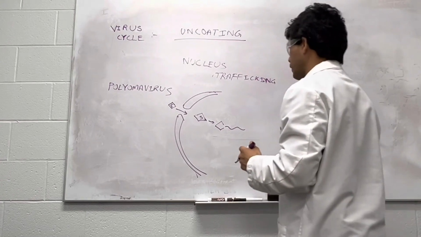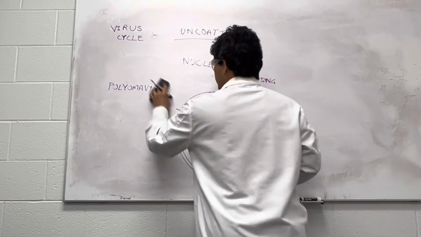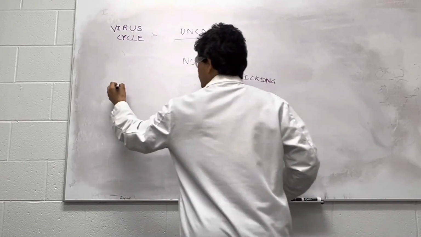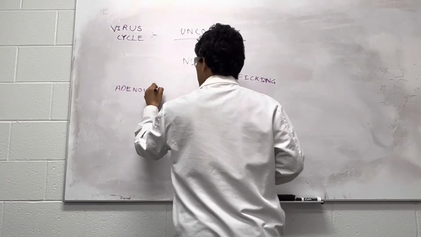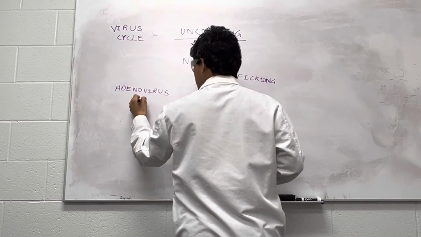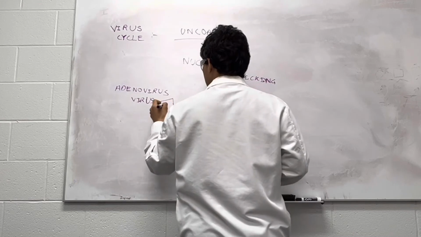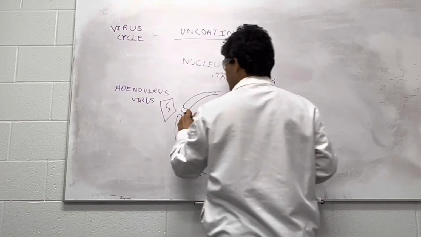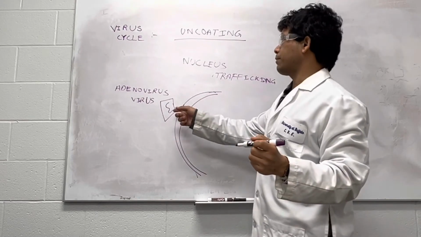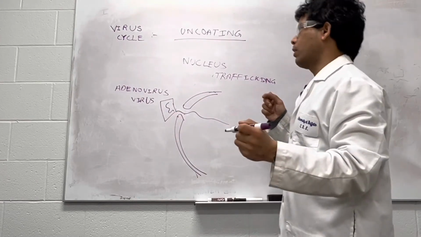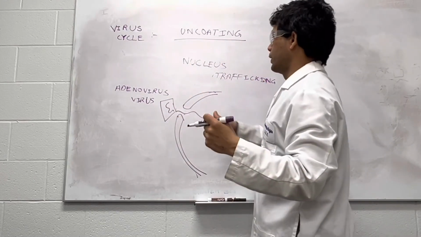But if the genetic information is big, such as in the case of adenovirus, the capsid cannot go through the pore because its size is bigger than the pore of the nucleus membrane.